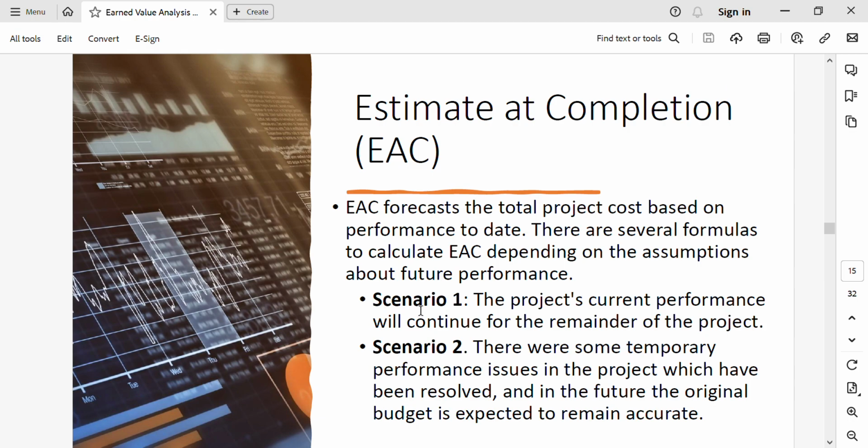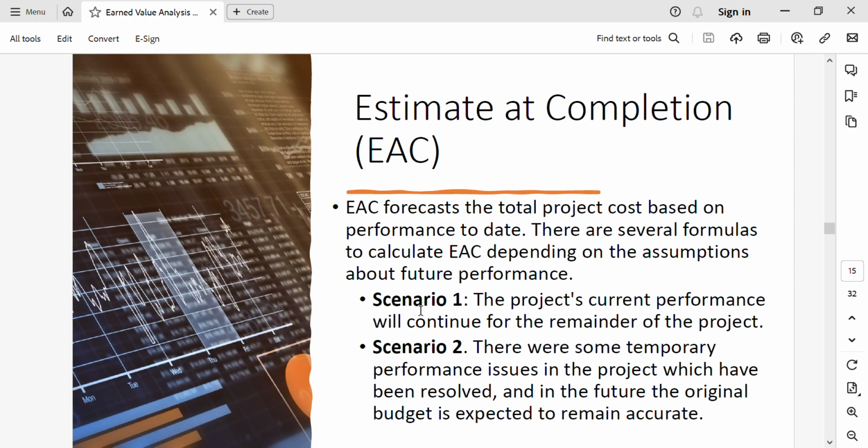Now let's calculate estimate at completion. What is estimate at completion? It forecasts the total project cost based on the performance to date. There are several formulas to calculate EAC depending on the assumptions about the future performance. However, in this particular case, we will keep in mind only two scenarios.